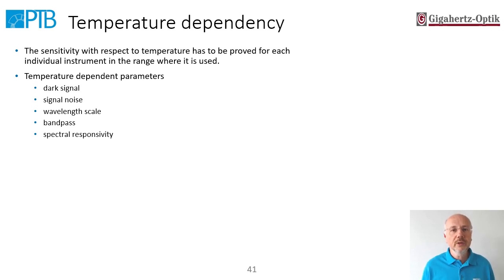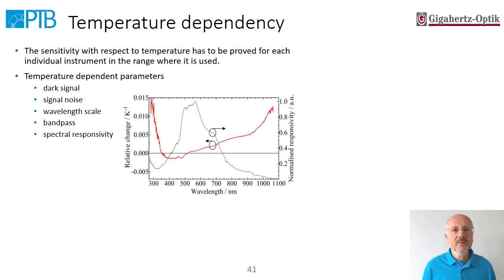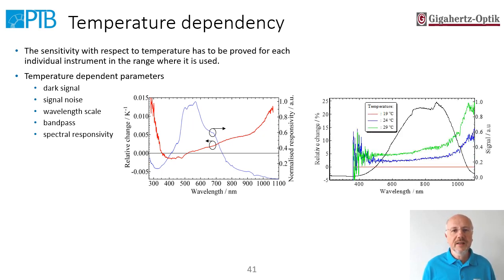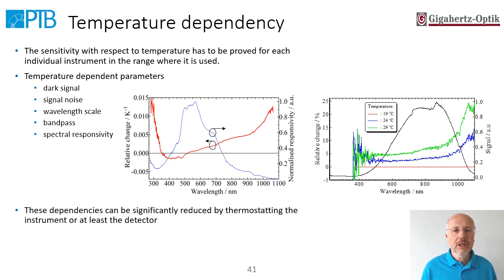Therefore, the temperature coefficient you will get will be spectrally dependent. And as you can see in this example, temperature changes can have a huge effect on your measurement results. Therefore, we would recommend that you use a thermostated detector or better a thermostated instrument to avoid temperature dependencies of your measurements.